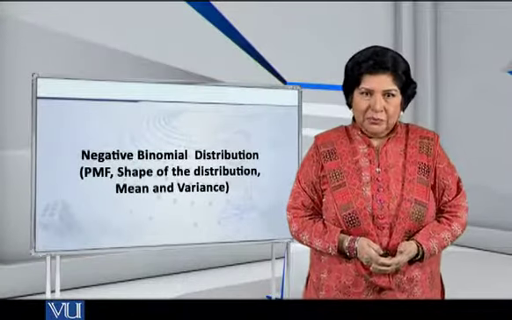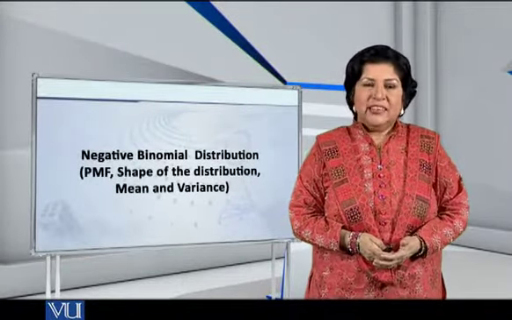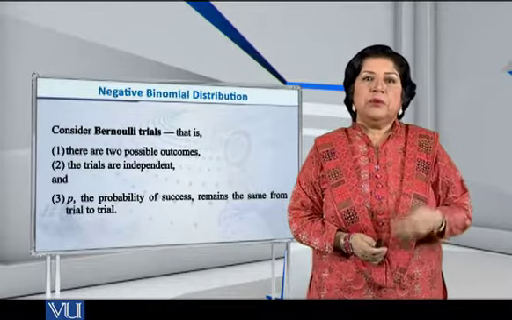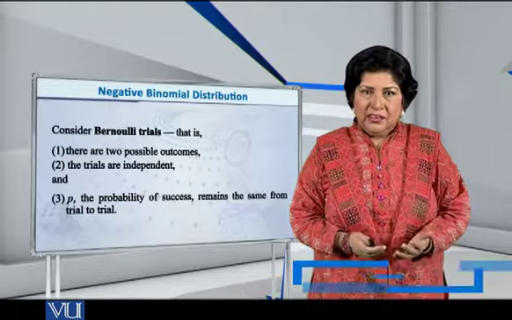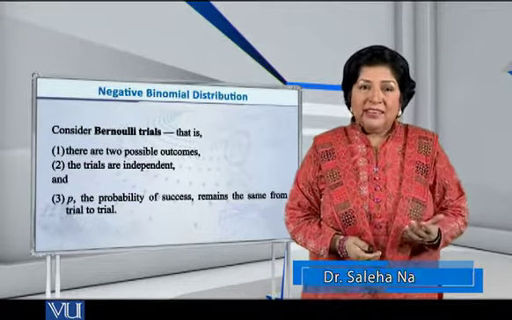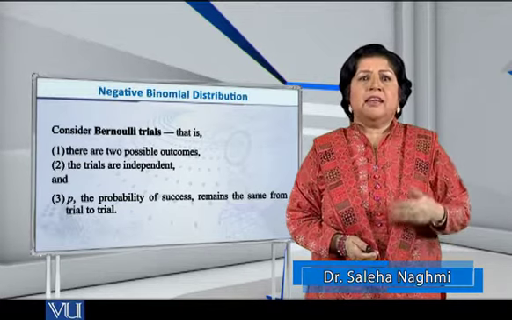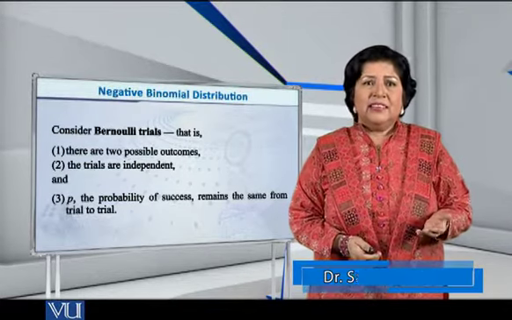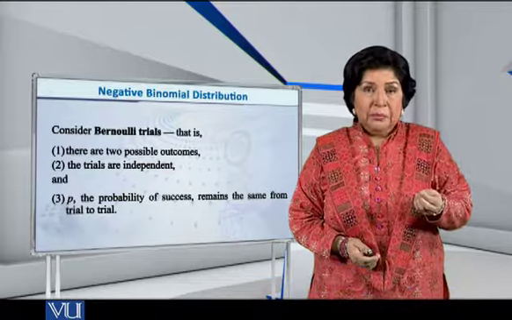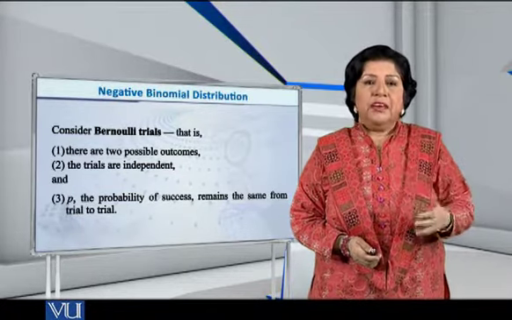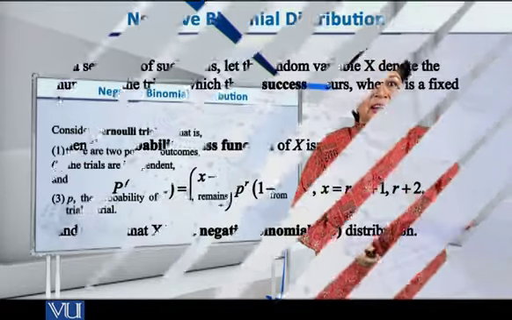Dear students, I would like to present to you the negative binomial distribution. Consider Bernoulli trials. That is, for every trial, there are two possible outcomes. The trials are independent, and small p, the probability of success, remains the same from trial to trial.